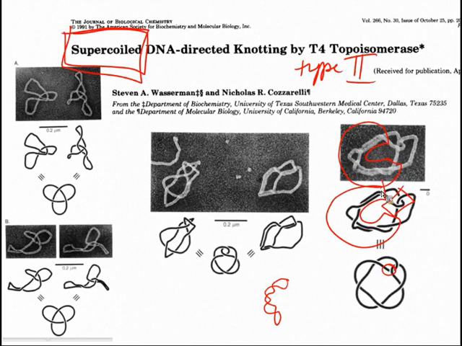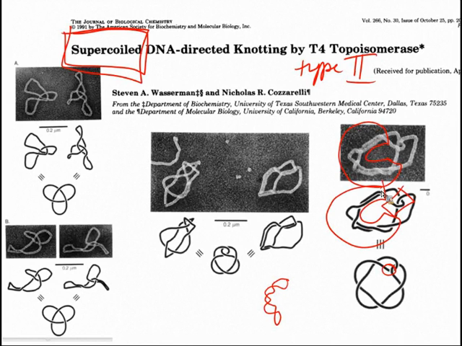So you'd expect that basically the topo 2 acts one time per DNA molecule. Well, what would you guess if it could act exactly once per molecule? I'd expect some unknots, some trefoil knots, maybe some higher crossing knots. But they basically only saw the unknot.